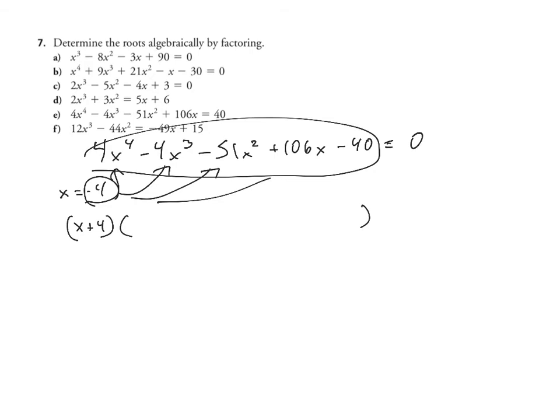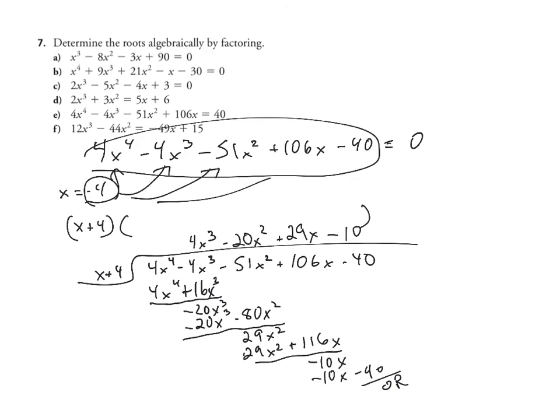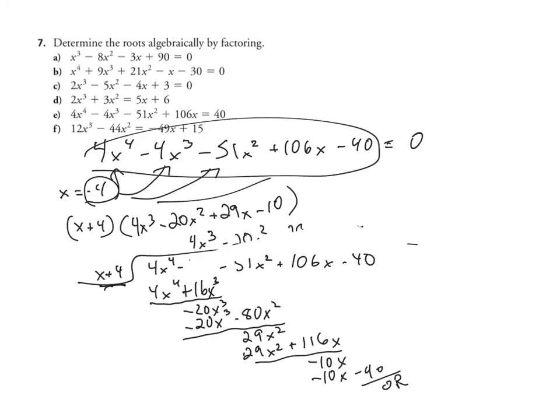I'll do long division. You guys don't need to sit here and watch. Alright, so I did the division by x plus 4, and I got 4x cubed minus 20x squared plus 29x minus 10. Alright, I need another number that'll give me 0 here. Let me try 2.